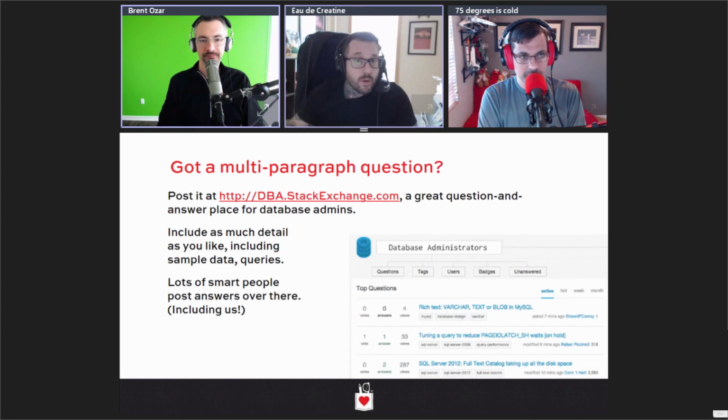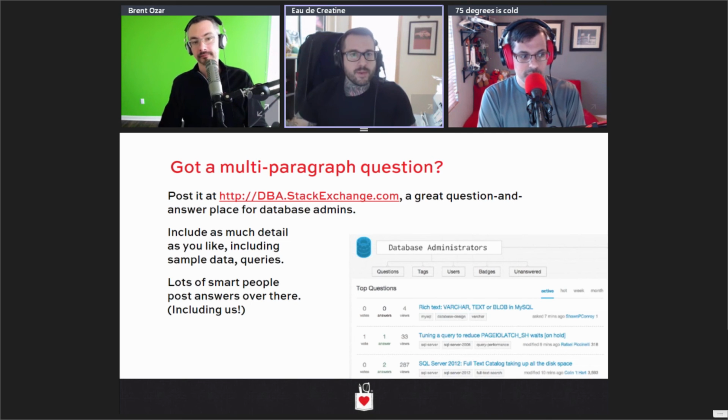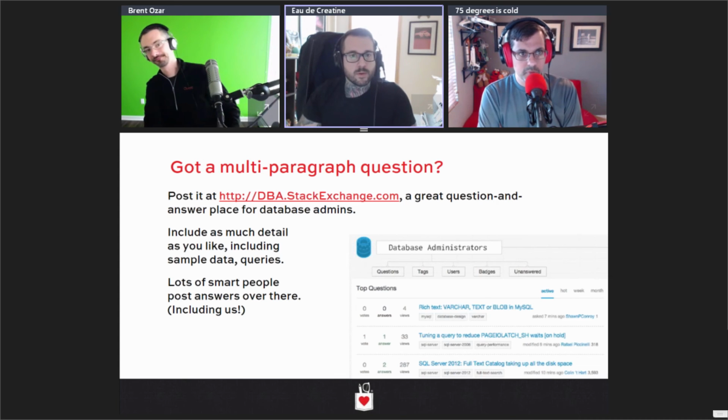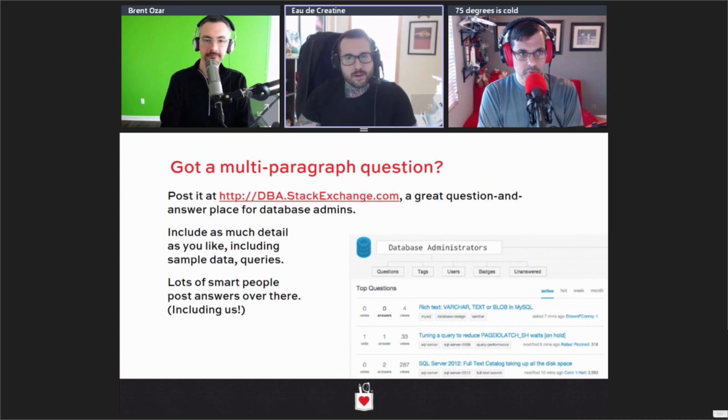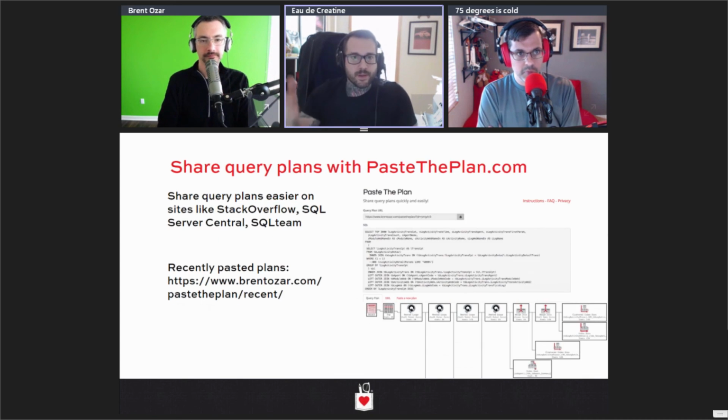Yeah. What you really want to do, if you are consistently running out of worker threads and you can't add CPUs, is start looking at parallelism, because parallelism is one of the biggest consumers of threads on most servers that I see. So either cut max dop in half. If it's at 8, cut it to 4. If it's 4, cut it to 2. Maybe boost cost threshold up.